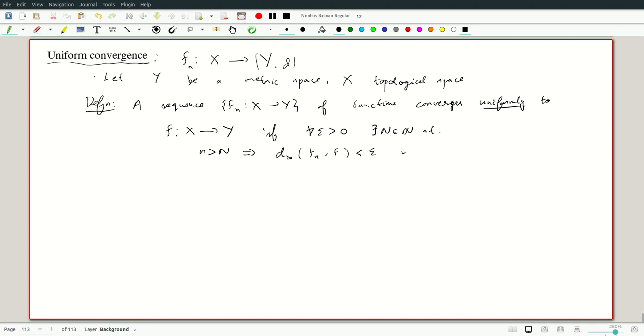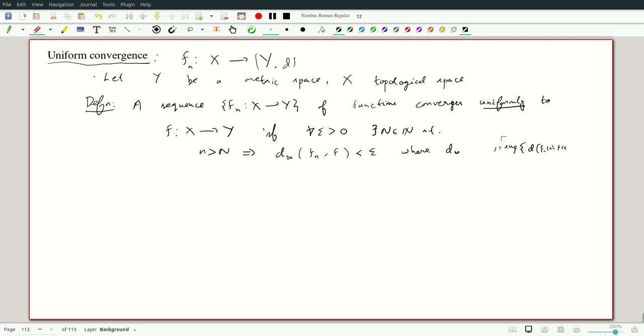And what is this? Where this is the supremum: d infinity of f_n and f is the supremum of the set of distances between f_n(x) and f(x) for x in X. In general for f and g, it would be nicer to write it that way.